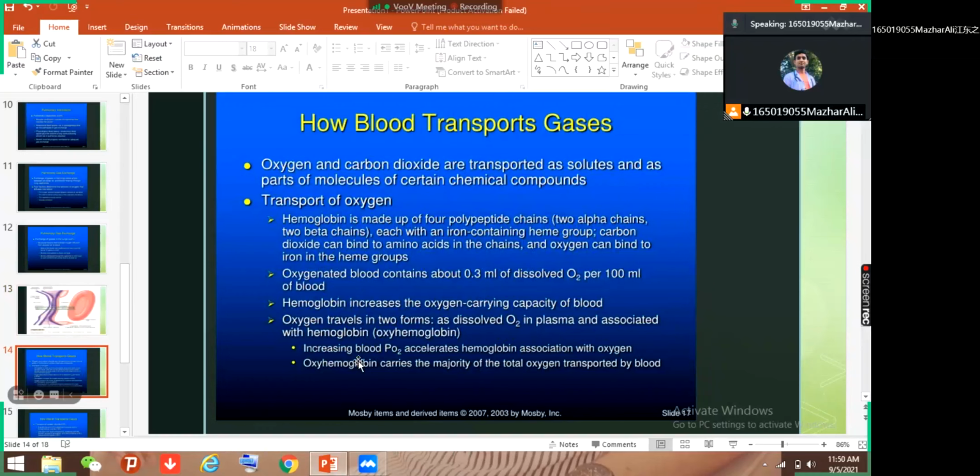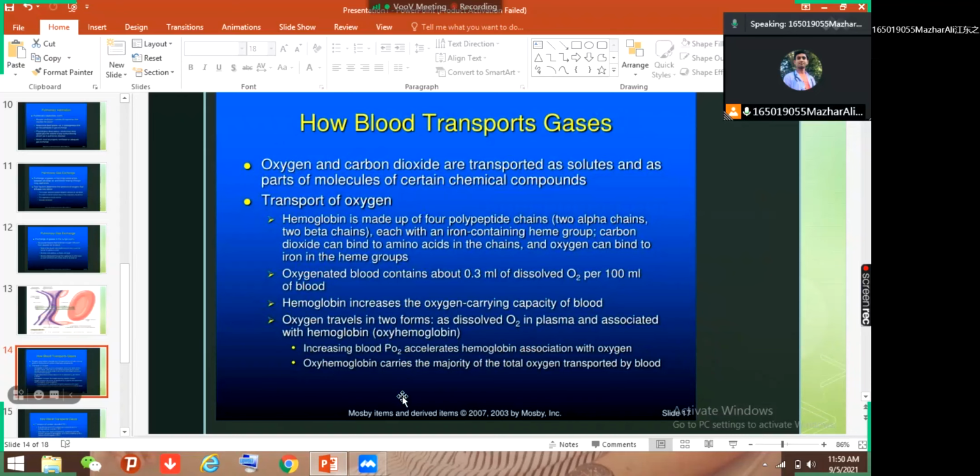So when the blood partial pressure of oxygen increases, it accelerates the hemoglobin binding with oxygen. When this pressure becomes increased, like this pressure is this one, okay.